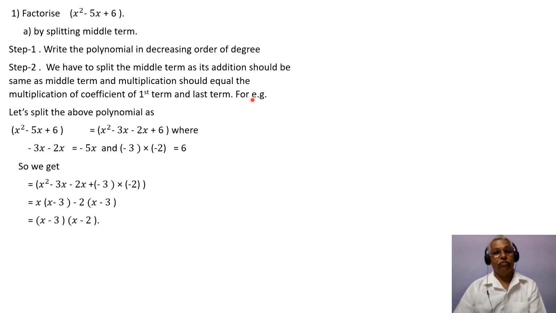For example, let us split the above polynomial. See the meaning of this: x square minus 5x plus 6 can be written as x square minus 3x minus 2x.